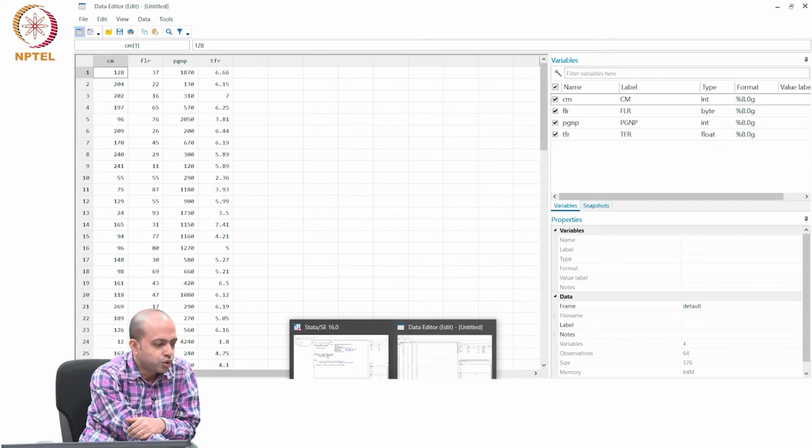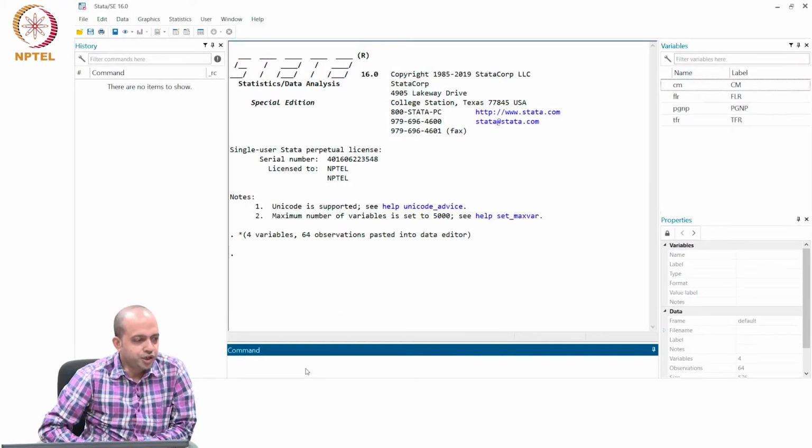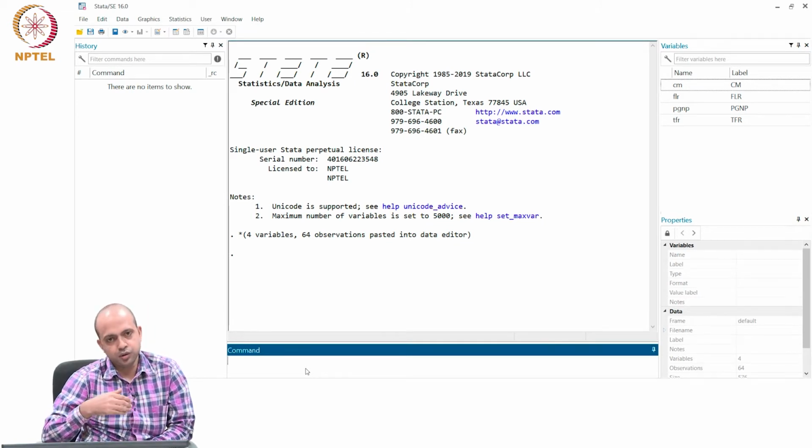So, what we will do now, we will try to follow that step. So, we have child mortality rate, FLR and PGNP, and we want to get the net impact of FLR on child mortality rate. So, step 1, what we need to do? We need to run a regression where the dependent variable is CM and the independent variable is Pgnp, because we need to remove the impact of Pgnp from both CM and FLR, right.